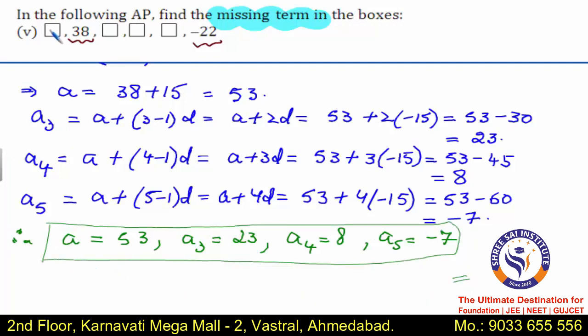Let us now fill in the missing terms in the boxes. A is 53, which is the first term. Then we have third term as 23. Then fourth term is 8. And the fifth term is minus 7. This completes the solution.